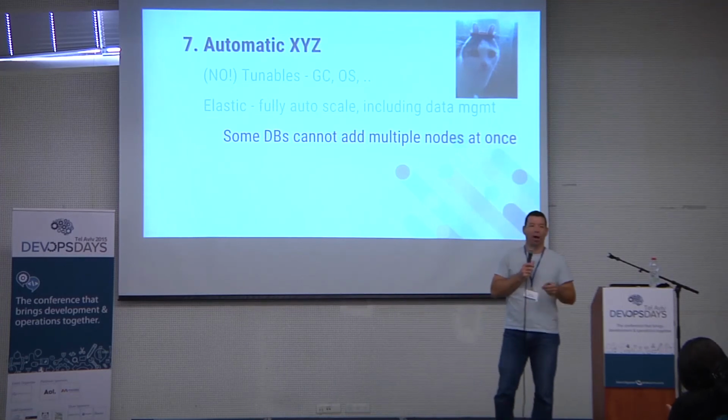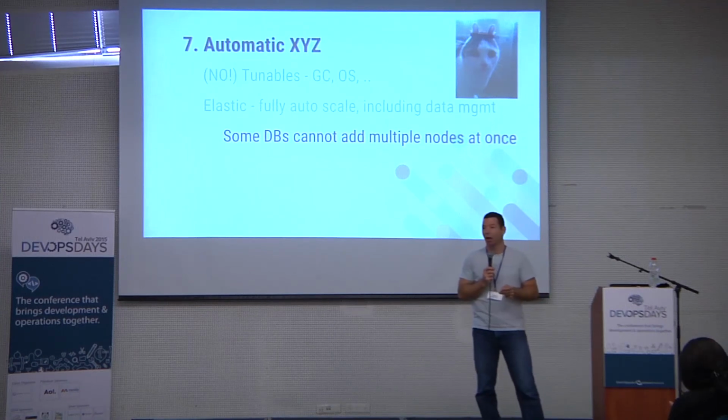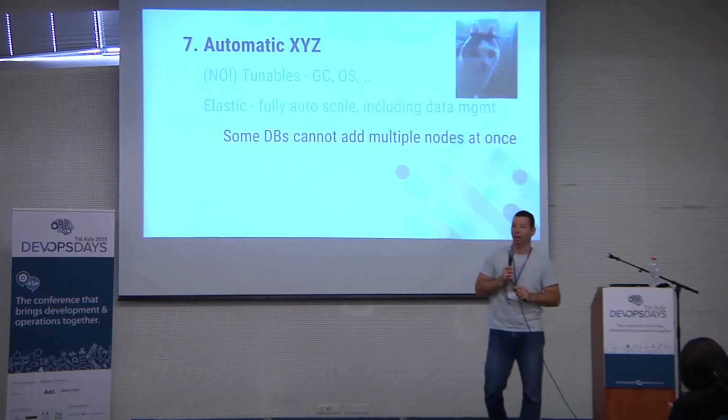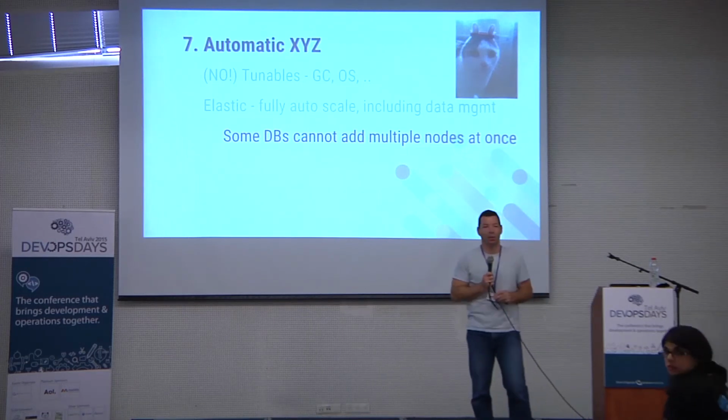If you have a cluster of, let's say, 10 nodes and you want to grow it to 20, you cannot do it at once, like boom, add another 10 nodes and let the database take care of itself. Who knows why? There's no real excuse for it, but why do vendors choose to throw this on you as a user?